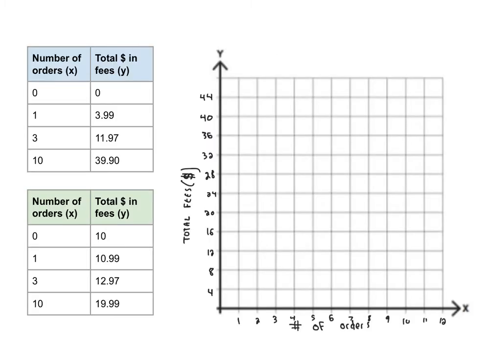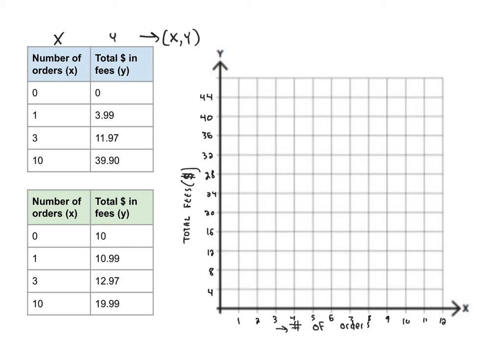Okay, so again, to graph, we're going to take our x's and our y's and turn them into coordinate points, x, comma, y. Now, I want you to get your graph set up in your notes, so that means make sure that your axes have labels.